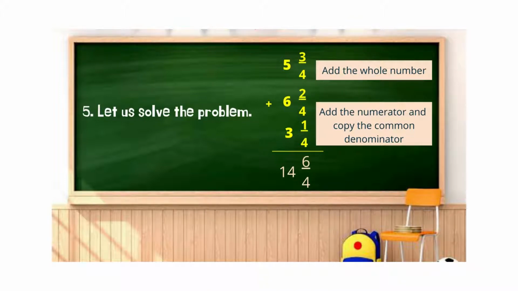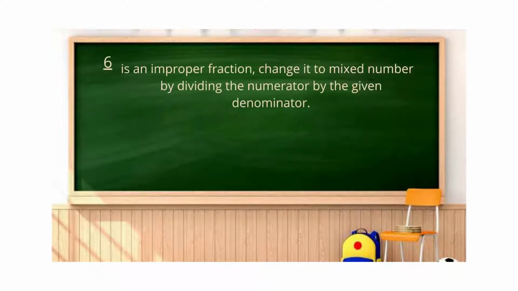Look at the fraction in your answer. What kind of fraction is it? Correct, it is an improper fraction. If it is an improper fraction, what will you do? Very good. Change it to a mixed number by dividing the numerator by the given denominator. So let us then divide 6 by 4.